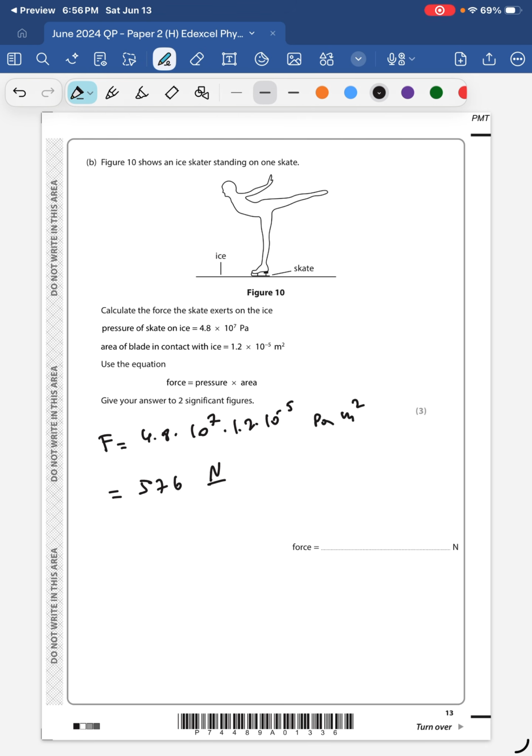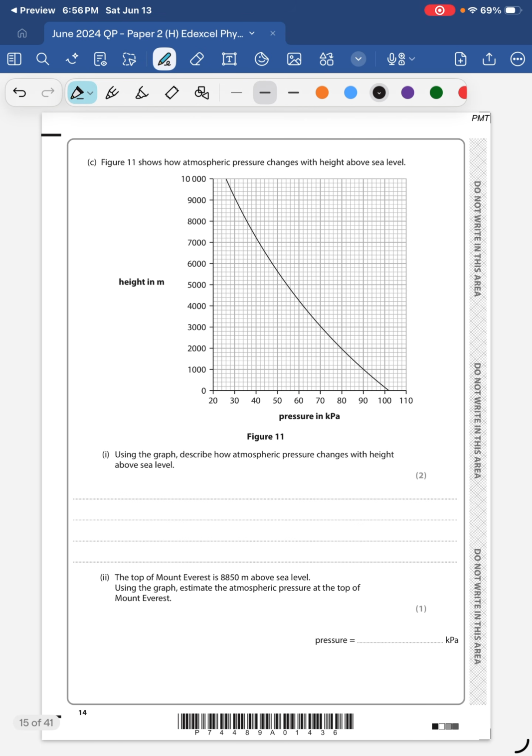We need to remember that pascals is newtons per square meter, multiplied by the square meter, so that cancels. So we get 576 newtons. That's a lot of force. That's basically 55 kilograms of force. Okay. C.